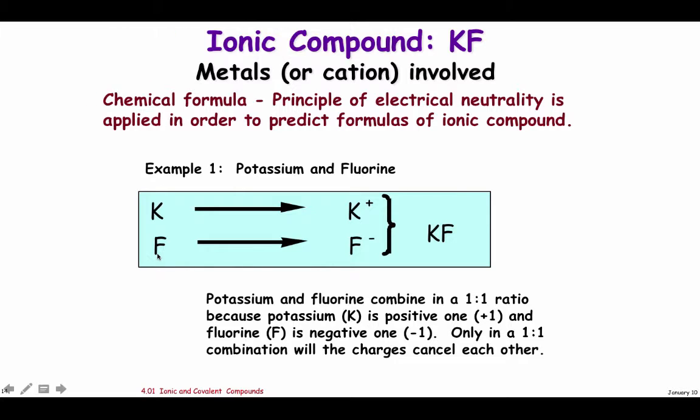It's got 9 electrons. 7 of those 9 are valence electrons. Because it's in the 7A family, it's in the -1 anion column, and so it prefers to pick up an electron. Now the potassium and the fluorine will combine so that you have a net neutral chemical, and that's a 1-to-1 ratio. You get potassium fluoride. So that's the formula you write when potassium and fluorine combine. You write KF.